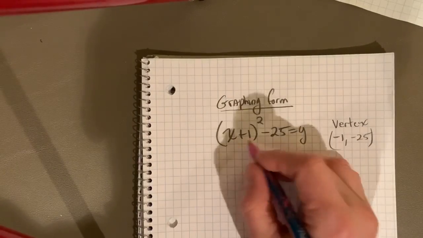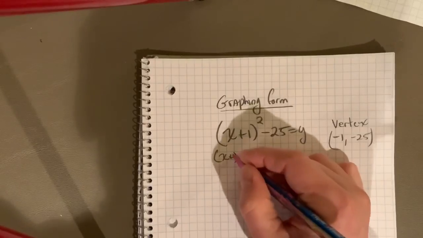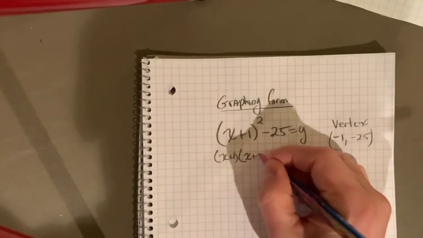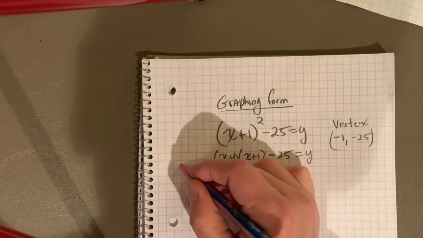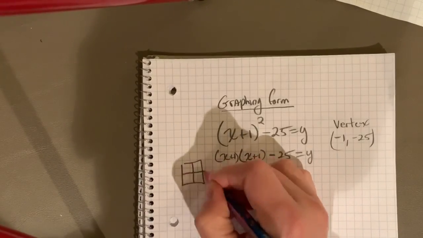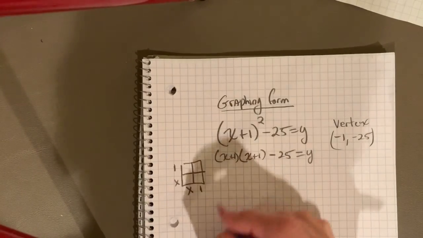So you're going to go ahead, and x plus 1 squared is going to be x plus 1 multiplied by x plus 1. You're still going to subtract that 25. Now we multiply this out. We take our usual generic rectangle and multiply it out.